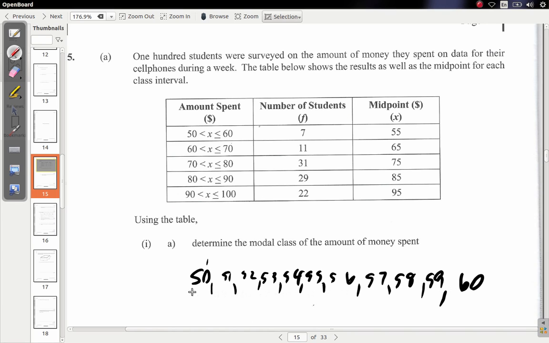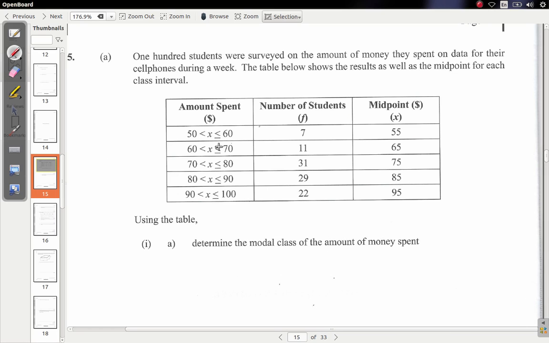Let me see now: 3 of them to the left, 3 to the right, 4 to the left and 4 to the right, 5 to the left, 5 to the right. So 55 is in the middle. That's the midpoint. Then 65, 75, and so on and so forth.